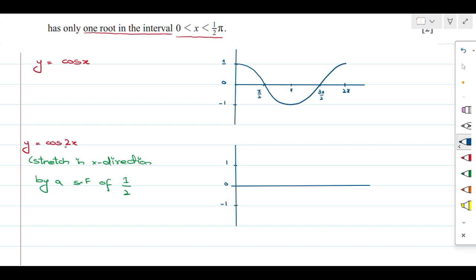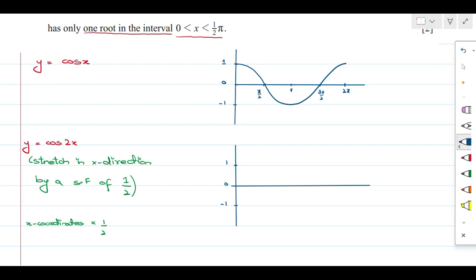Now we have a stretch in x direction by a scale factor of 1 by 2, so we need to multiply the x coordinates by 1 by 2. So this is 0. 0 multiplied by 1 by 2 or divided by 2 stays the same, which is 0. So we have the same point 1.